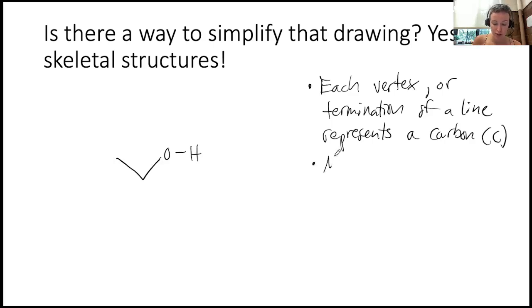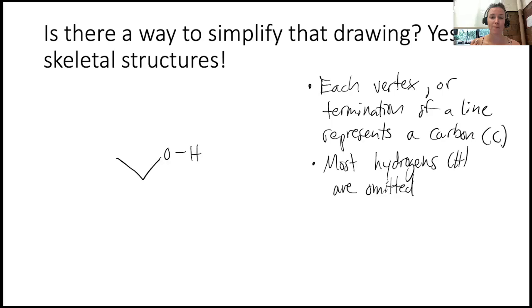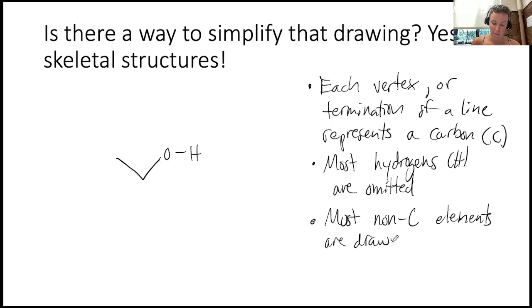In skeletal structures, most hydrogens are omitted. And then most non-carbon elements are drawn. Like here, you can see that I drew out the oxygen, and then I also drew out the hydrogen connected to the oxygen. But you'll notice I didn't draw any of the hydrogens connected to the carbon.